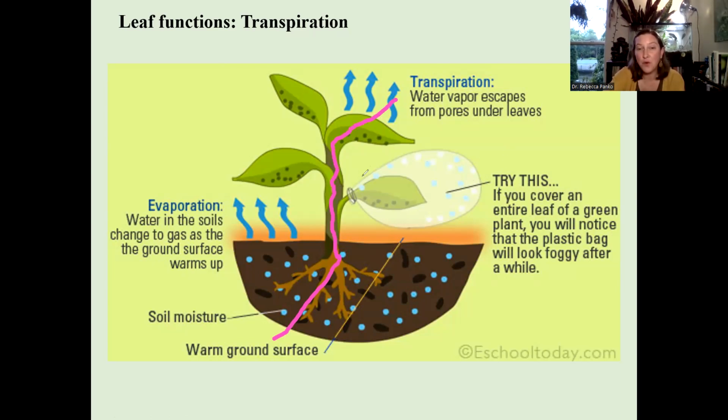But if you were to put a plastic bag around a leaf on your plant, over time, you'll notice that the bag will look foggy. And you can even try this at home. If you have kids, I would suggest even trying it with them so you can show them. But that will be able to demonstrate to you quickly that transpiration is occurring.